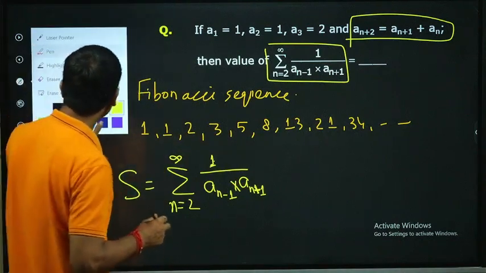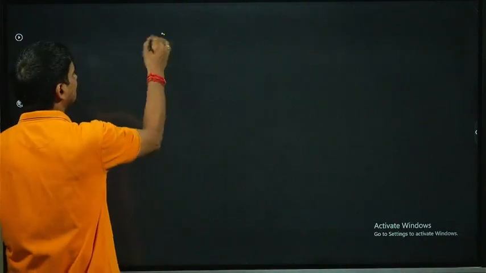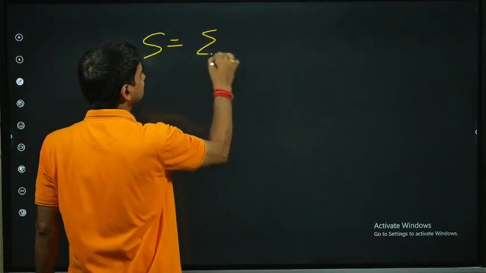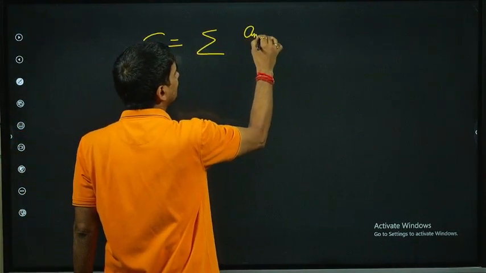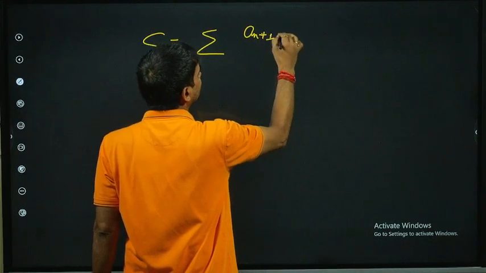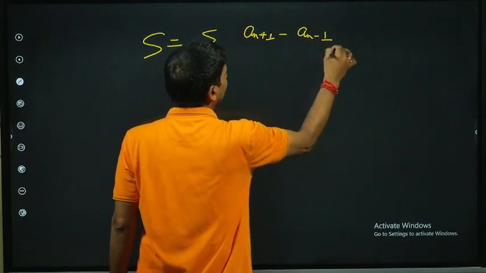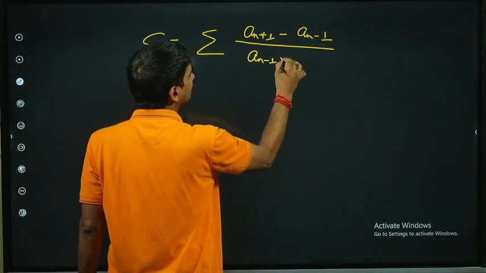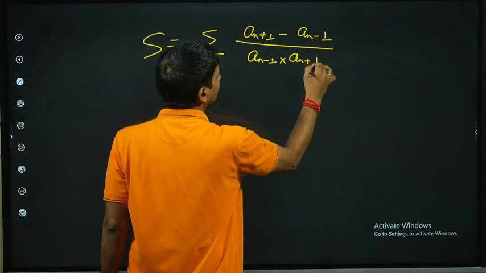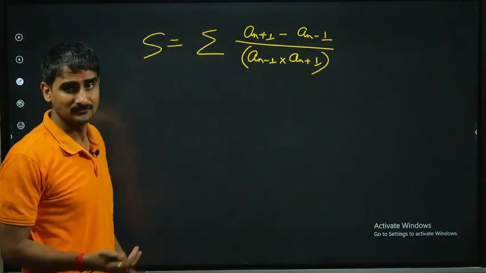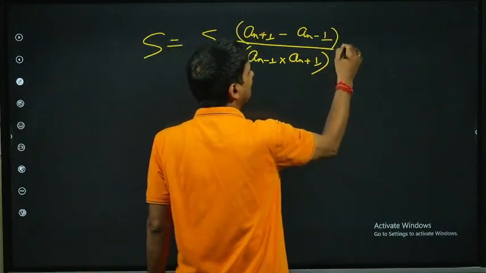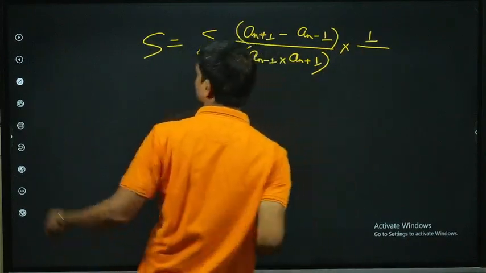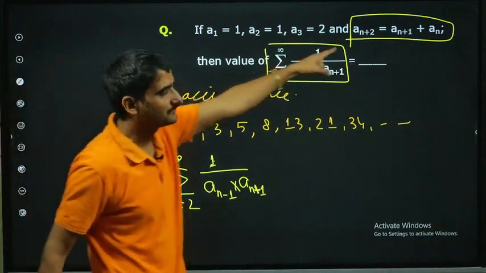So see how I started. I started by writing the general term here, in the numerator a(n+1) minus a(n-1), upon a(n-1) into a(n+1). Now you will say, how can we write it? Of course we can't write it until I balance it, so I balanced it from here.